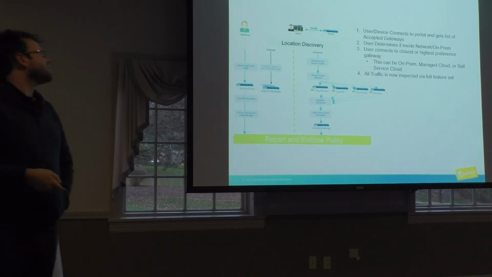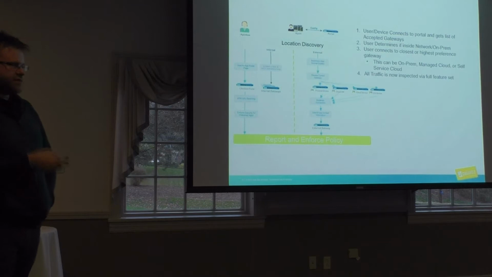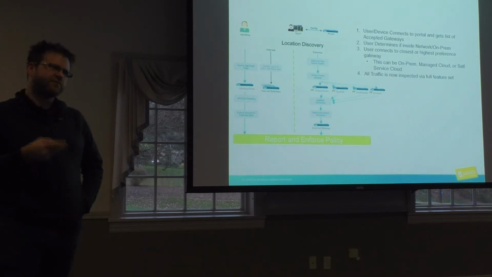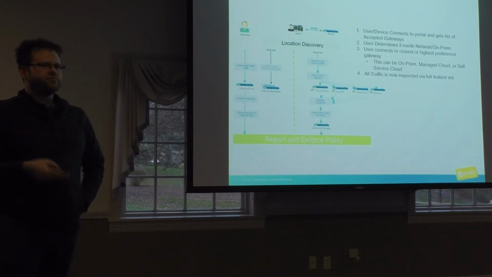So the next thing that happens is the device will try to determine whether it's actually on your network. It does this by resolving an internal address that's in your internal network.